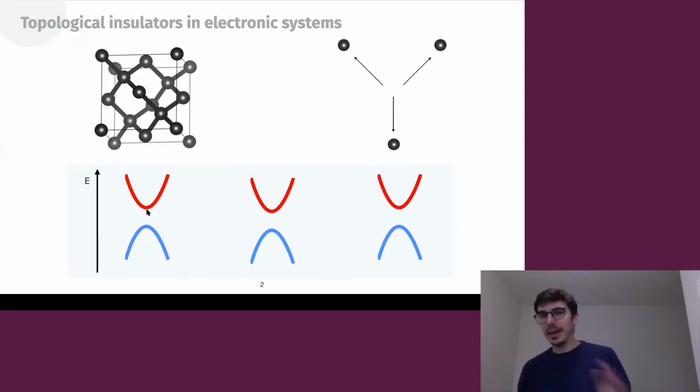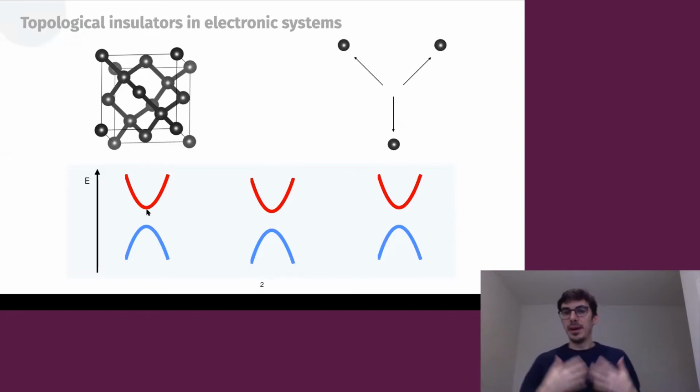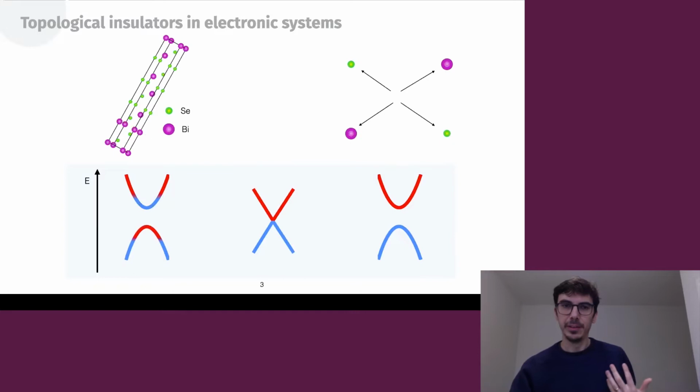And in a system like diamond, you can go from the crystal limit to the atomic limit. And throughout this process, you can maintain a band gap in the system all along, as shown by the diagrams at the bottom.